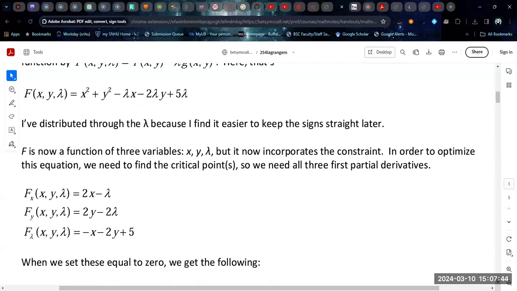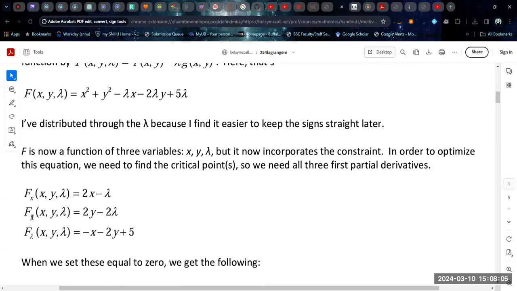And so what we then want to do, because it's an optimization problem, is take the first derivative of our F function with respect to all three of our variables. If we take the derivative with respect to x, we get 2x minus lambda. 2x comes from here. Lambda comes from here.